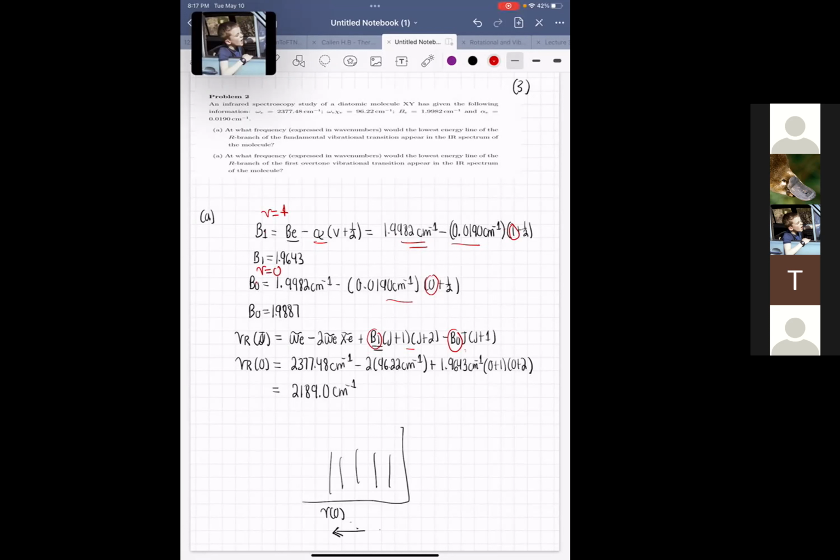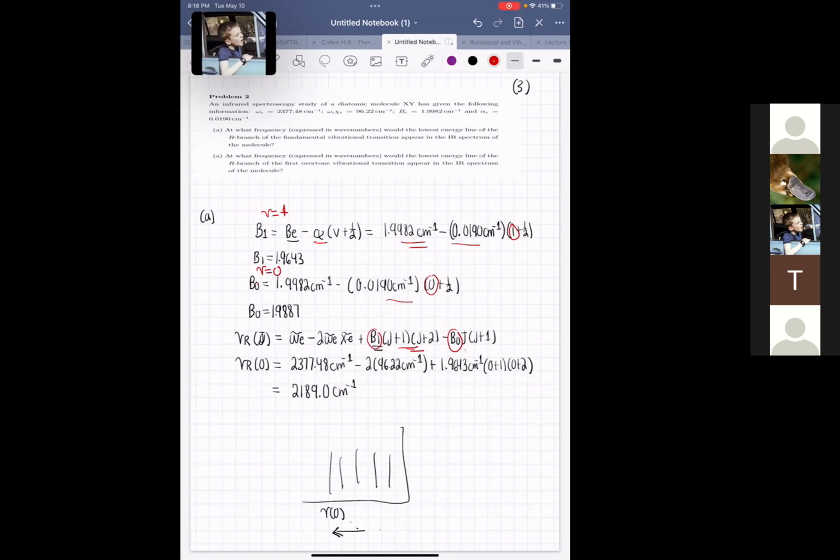I'm good. You good? Okay. So after you plug in those values and you find your B1 and B0, you just plug it into this equation and then just solve for the frequency. Okay. Does that make sense? Yeah, that's great.